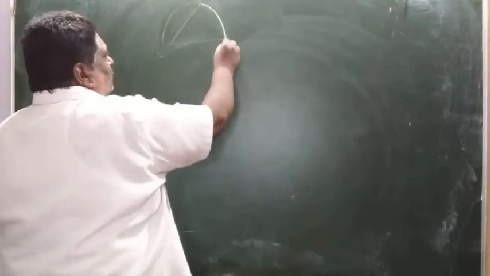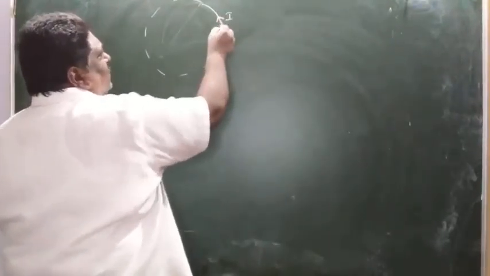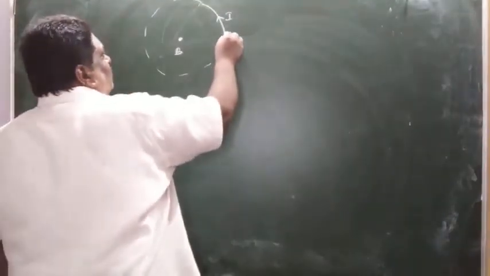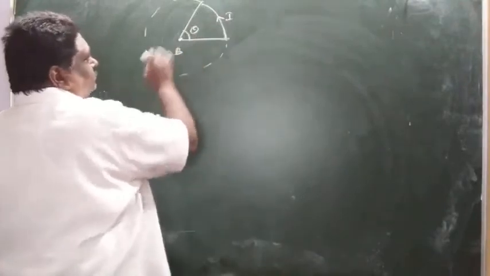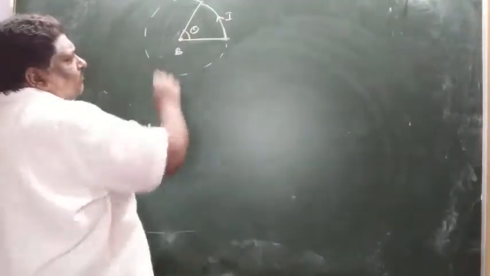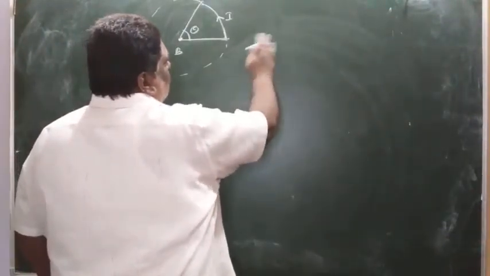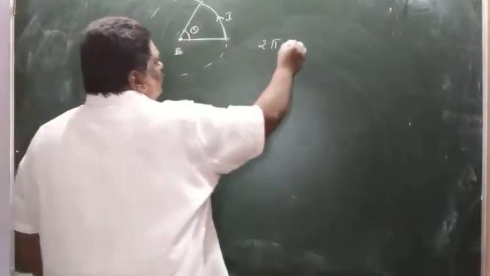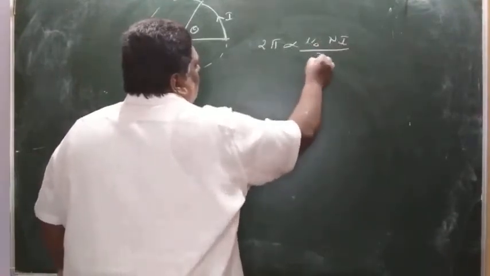Because it is a part of the full circle, current is passed here. Because of this arc, how much magnetic field is produced at the center? Here it is a theta angle. For the total full circle, which is 2 pi radian, B is proportional to mu naught N i by 2r.